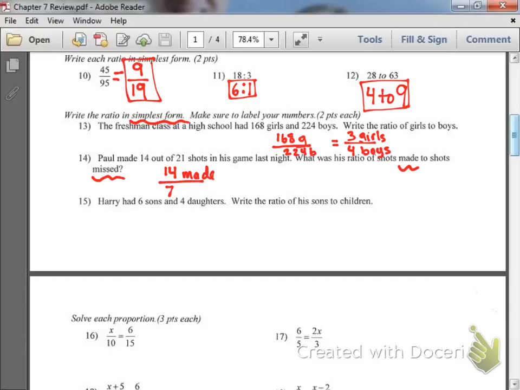If you shot 21 times and 14 of them went in, the rest of them did not go in. So you had 7 that did not go in, or 7 missed. Now I can reduce that. 7 goes into both, so I can divide 14 by 7. I get 2 shots that were made to 1 shot missed. Questions?